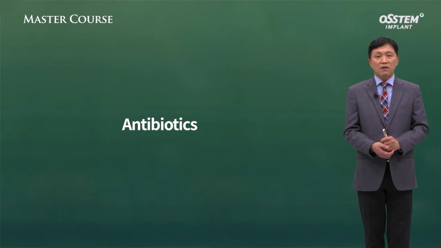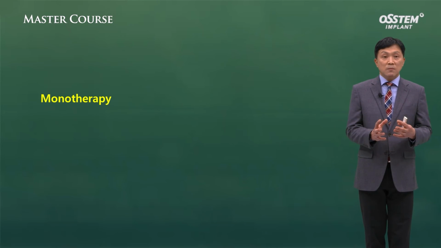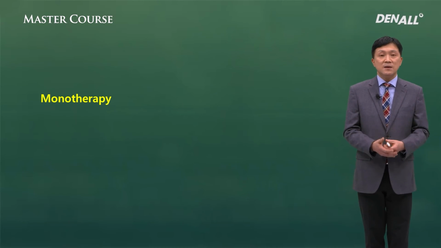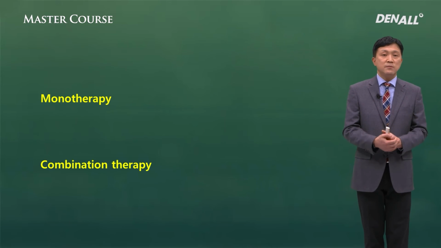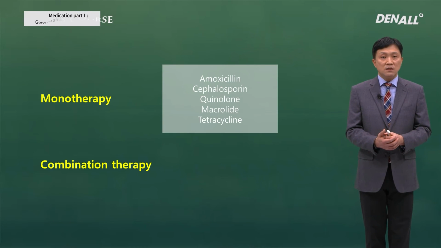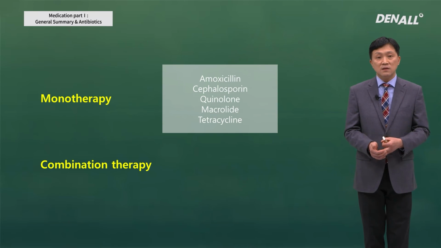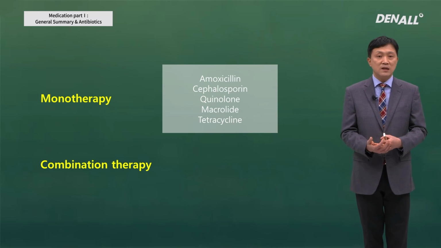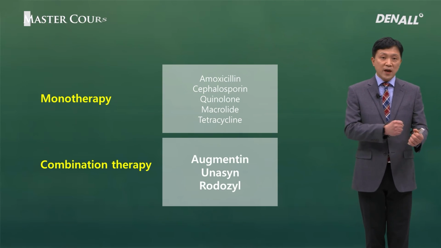When we prescribe antibiotics, we need to consider patterns. Monotherapy, a single antibiotic, can be prescribed, or combination therapy can be adopted. Amoxicillin, cephalosporin, quinolone, macrolide, and tetracycline can be used for monotherapy.